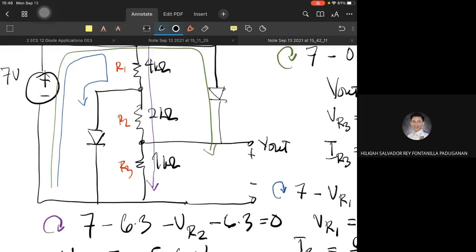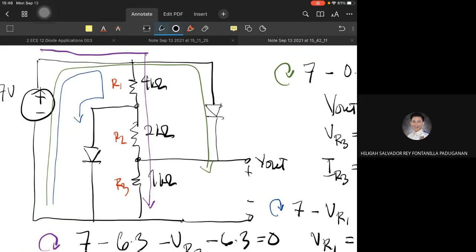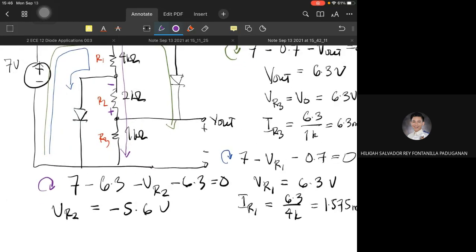Meaning, the direction I assumed for the current, the purple line, is opposite, so it should be the reverse, positive 5.6.